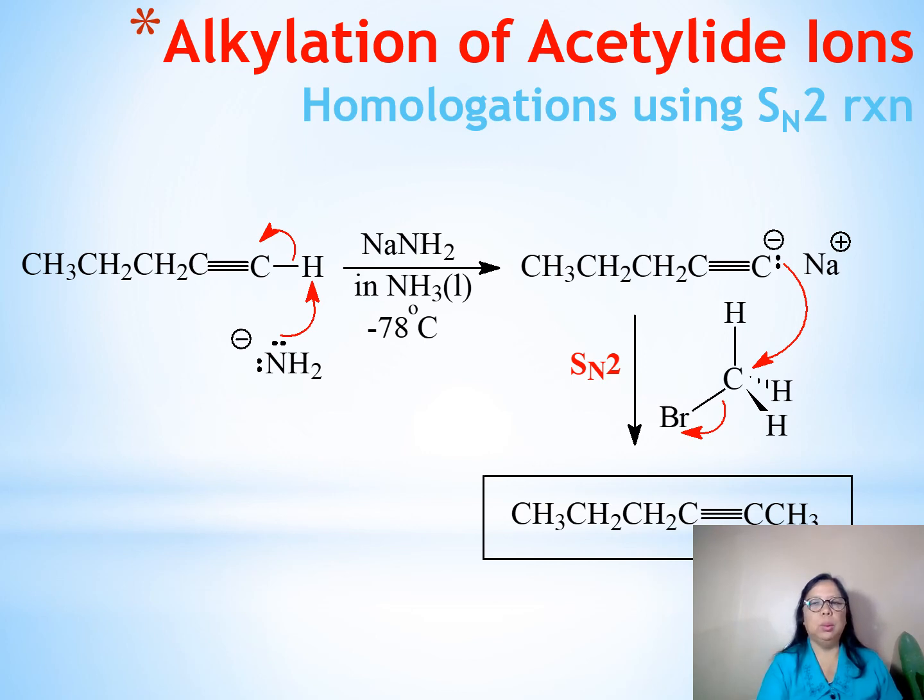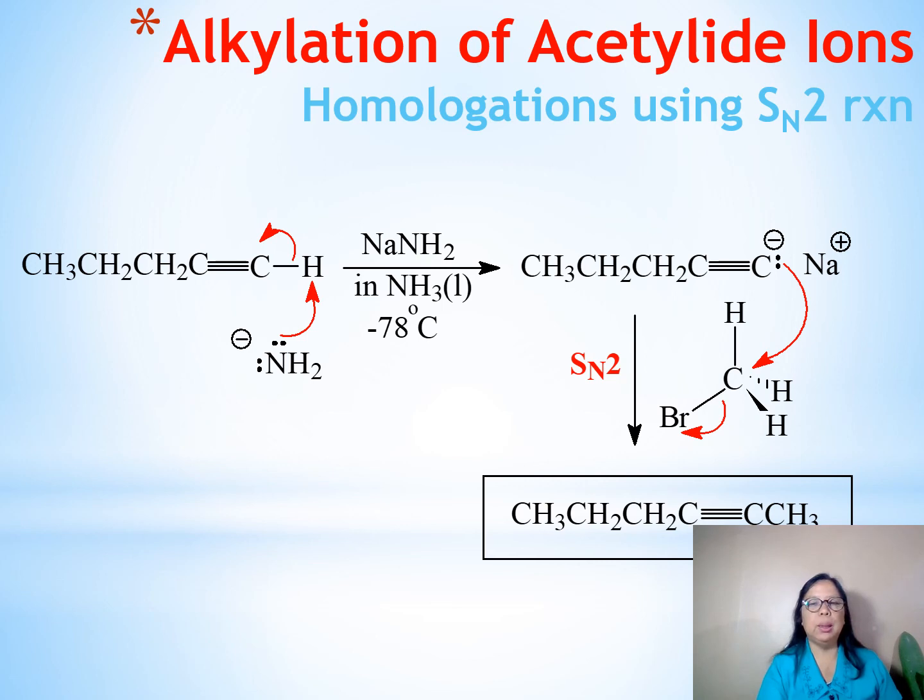So what reacted is the first carbon. Did you get that? So I repeat, sodium came in and removed the hydrogen. But eventually, what it reacted with is an alkyl group containing an acetylide, with CH3.